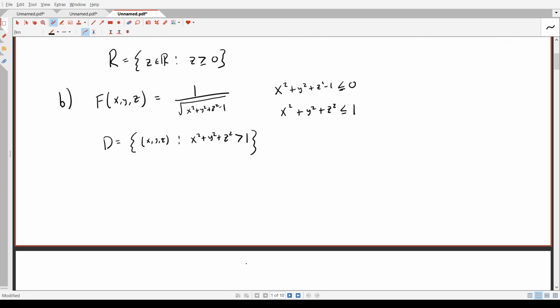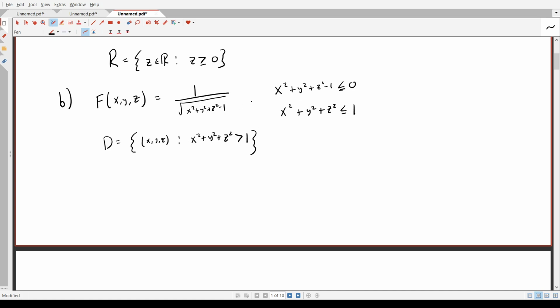Okay, and what about the possible range? Well, we know that we're always going to get a positive number out of here, and we're never actually going to be able to plug a number in and get 0, right?